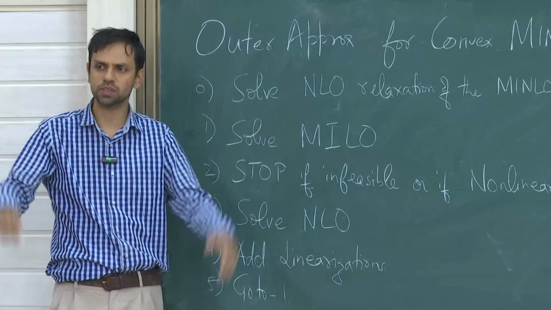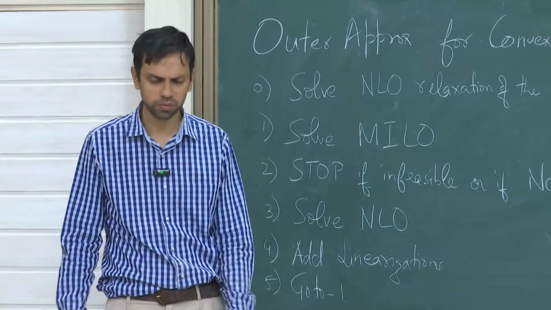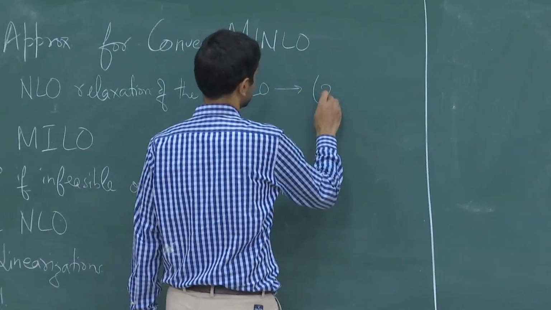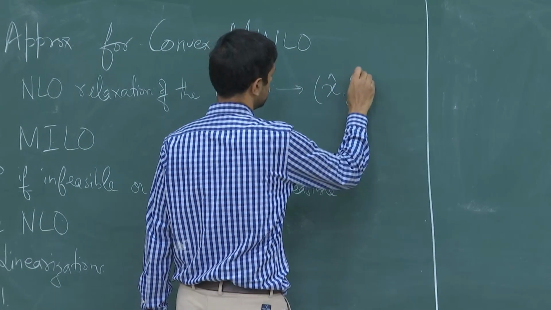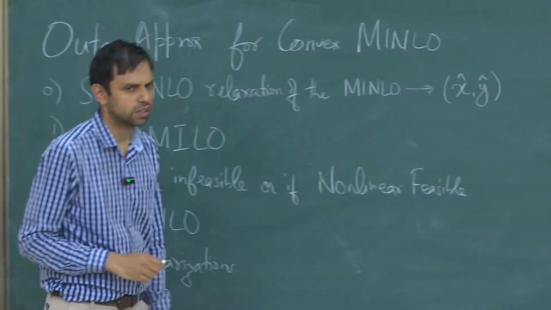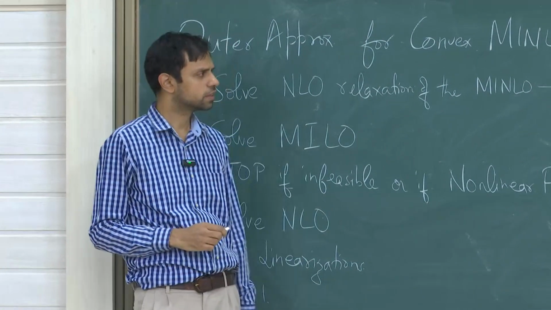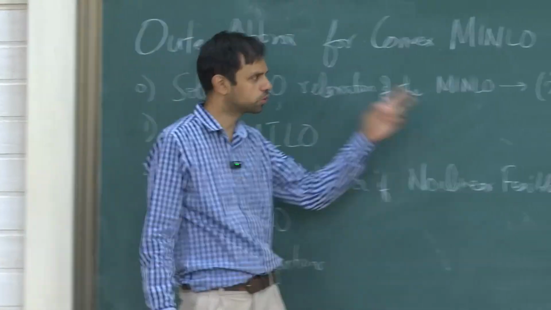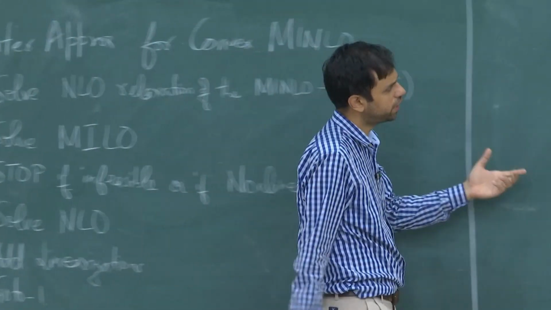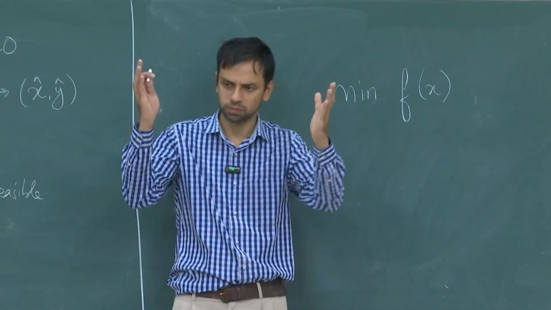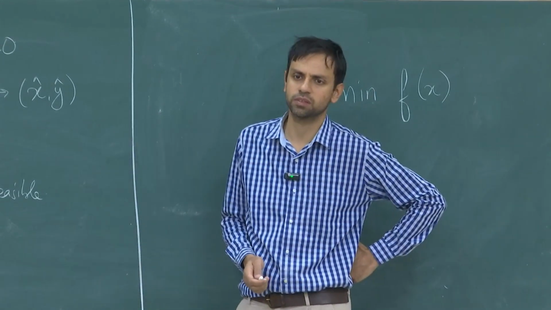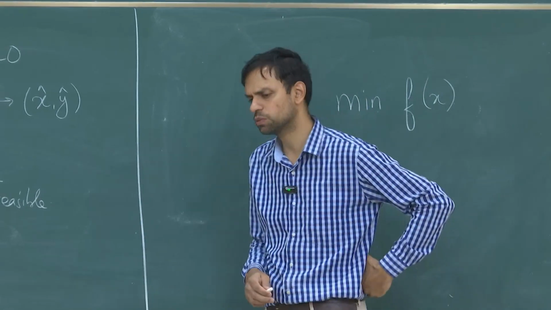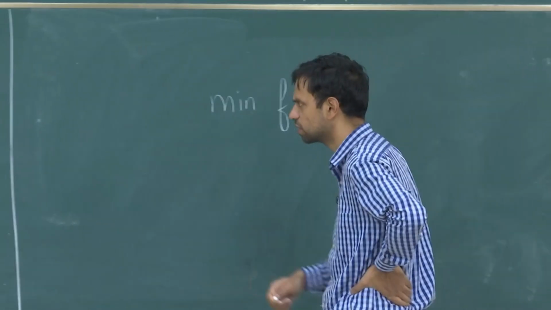You just solve the regular NLO problem, and whatever point you get out of this, x hat, y hat, you can add linearizations at that point. Okay, and that ensures that you get lower bounds, a lower envelope or a lower underestimator for f(x) also. Okay, which you might otherwise miss, if you just look at the slides.